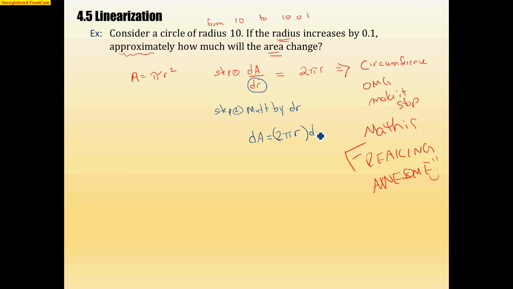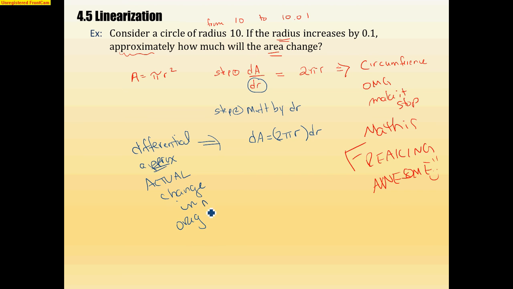Remember, this is the differential, which is an approximation. The differential approximates the actual change, because the differential is the change along the tangent line. It approximates the actual change in the original function.